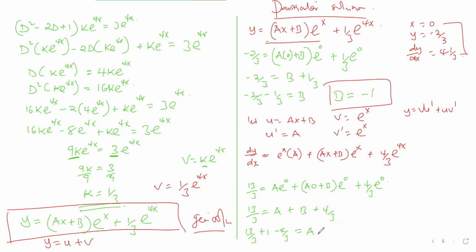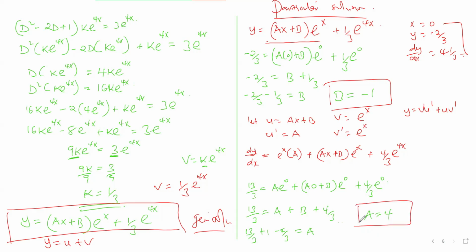That is 13 over 3 plus 1, then minus 4 over 3. And that should give us 4. So your a value equals 4. Let me write it here so that you can have some space for writing the general function.